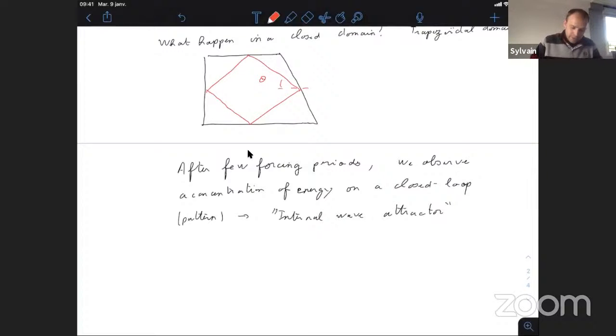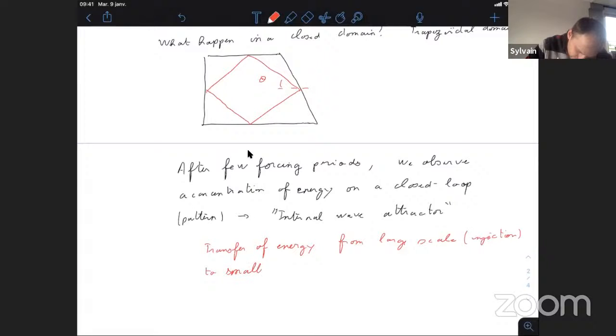The other very important thing is that you have a transfer of energy from large scale, which is the scale of the injection, to smaller scale, because the energy is concentrated on an attractor, and the thickness of the attractor is much smaller than the injection scale, which is the whole height of the domain.